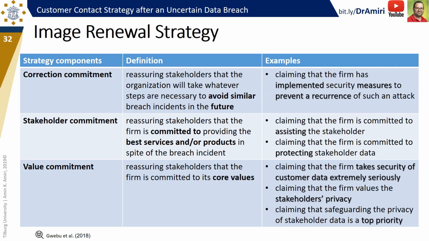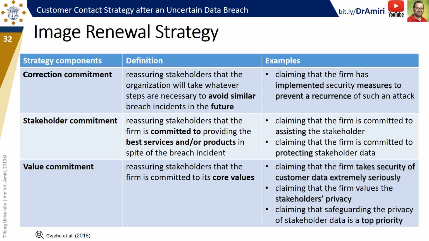A fourth customer contact strategy is image renewal, where you try to repair the damage to your reputation. You can go for a correction commitment. You reassure the customers and shareholders that you will avoid similar breach incidents in the future.